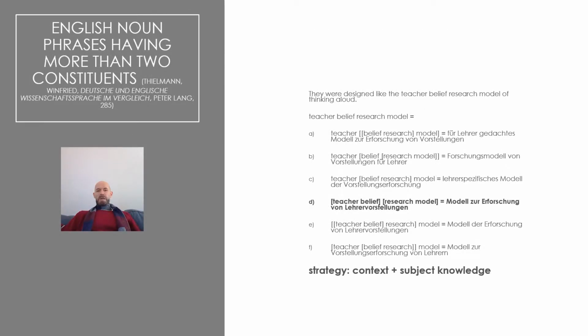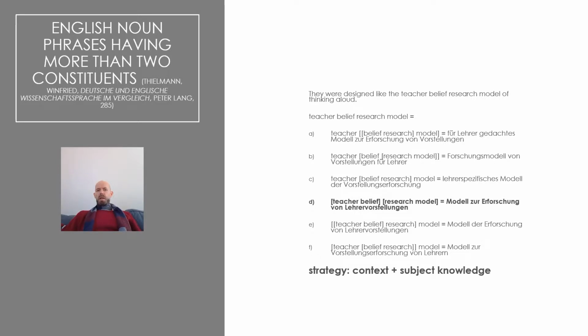Things get a little more difficult when we're dealing with a specialist text like this one. This is a sentence taken from an article on education science. They were designed like the teacher belief research model of thinking aloud. Now, teacher belief research model again can be interpreted in a number of different ways. I'm not going to go through all of these, let's just take a few examples.